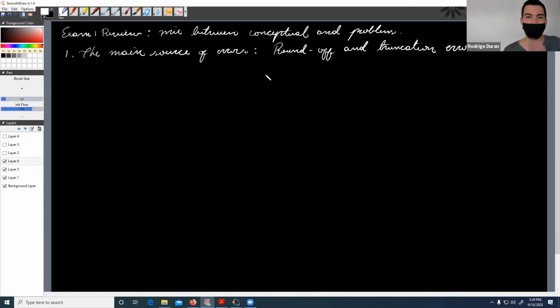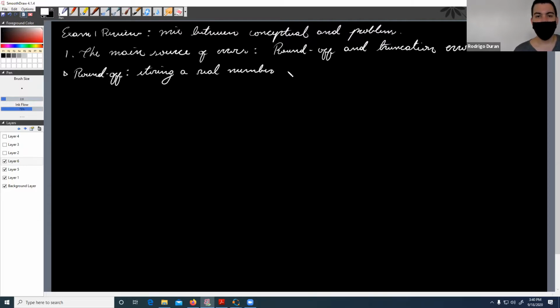Now, round-off error, I'm going to just give you a quick example. An example of round-off error is due to the finite accuracy of the computer when you want to store a real number.